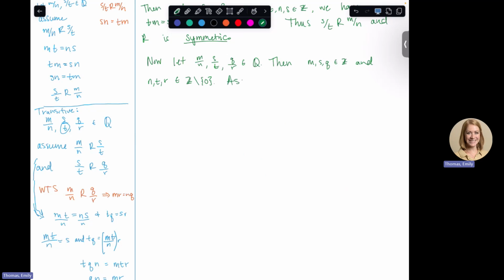We are going to assume M over N is related to S over T, and that S over T is related to Q over R. Then MT is equal to NS, and SR is equal to TQ.